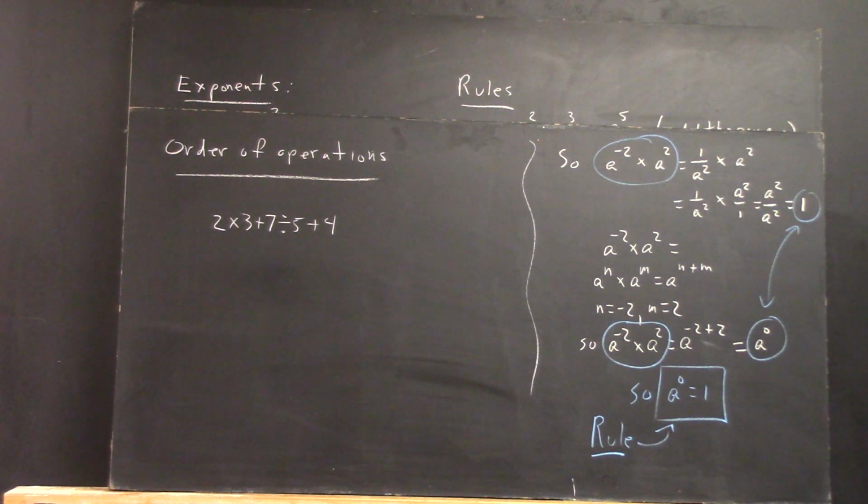First operation, the first number I get in the calculation. I'm just going to do this one number at a time.